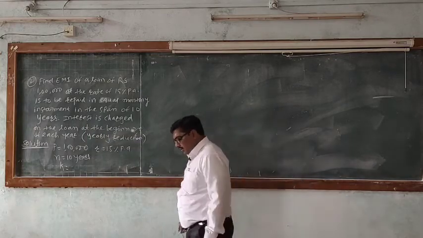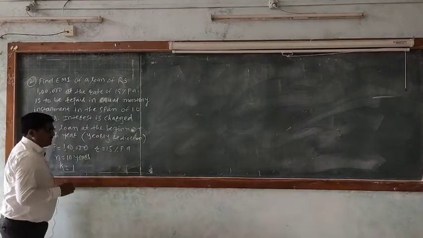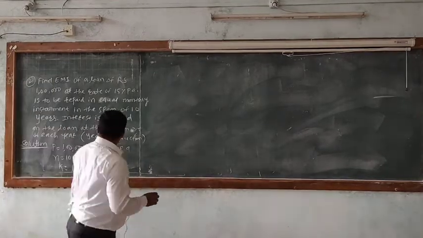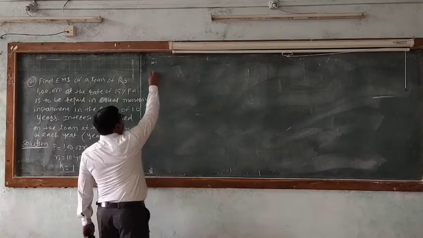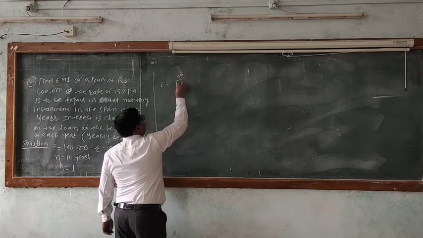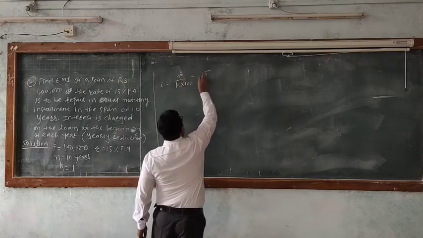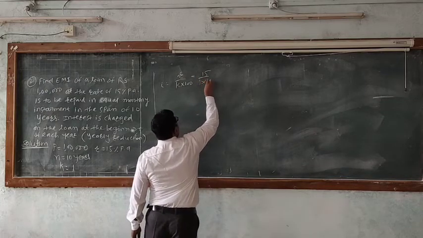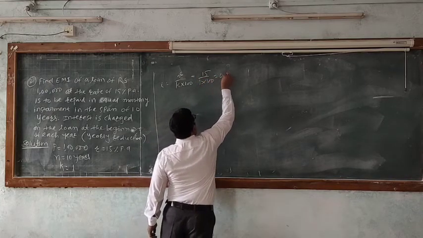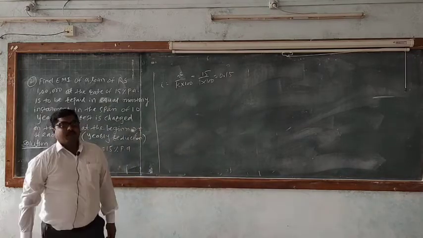So how many? 1, because your interest is charged year wise, so K is equal to 1. Then find I, which is equal to R upon K into 100. R is 15, K is 1, so I is 0.15.